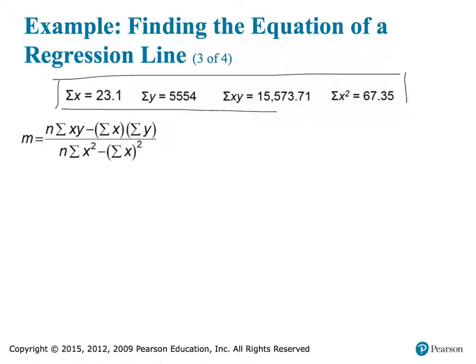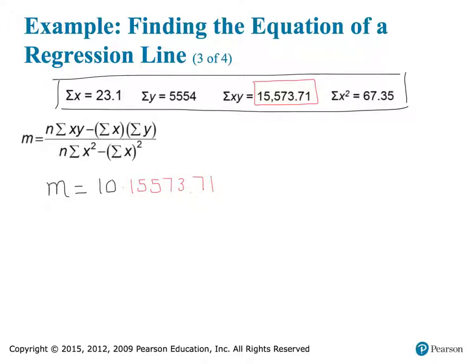Now when you're finding an equation for a regression line, you have to find the slope first. Okay, then you can find the y-intercept. So here's my slope formula. I'm going to plug in everything I now know. N is the number of pairs of data that we had. We had 10 pairs of data. The formula then says multiply that by the sum of the xy's. The sum of the xy's is this 15,573.71.